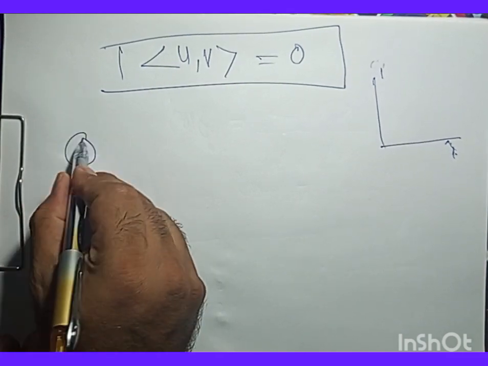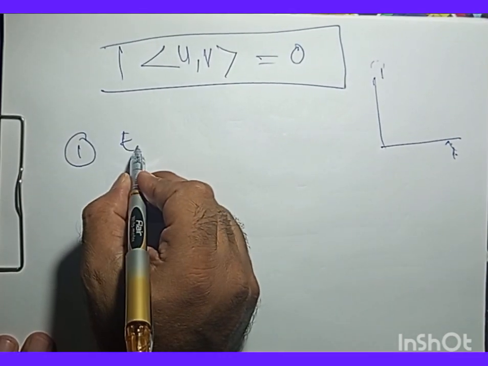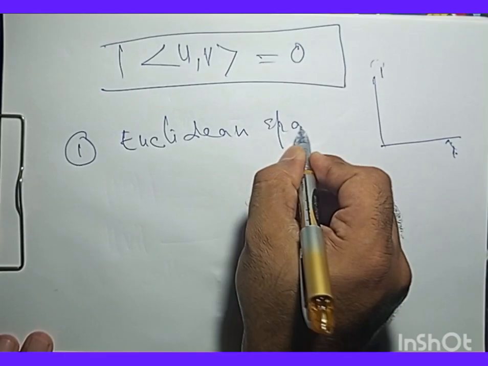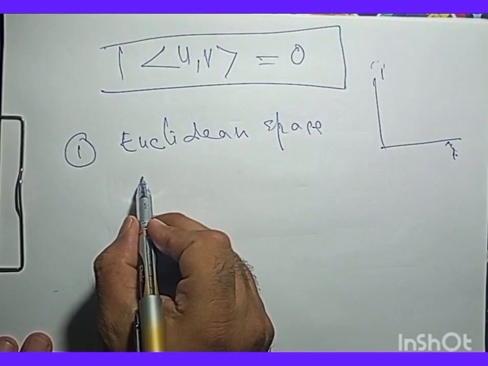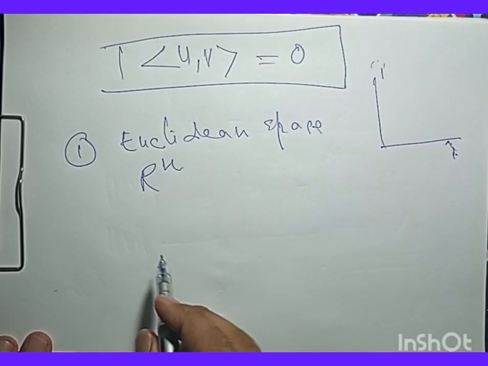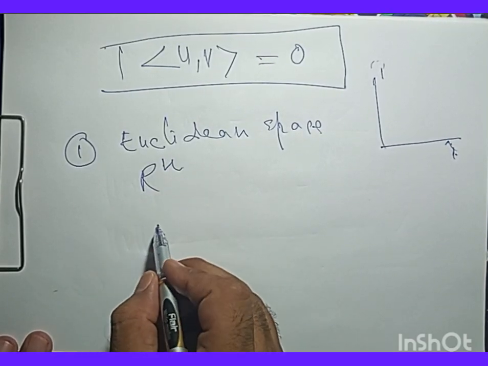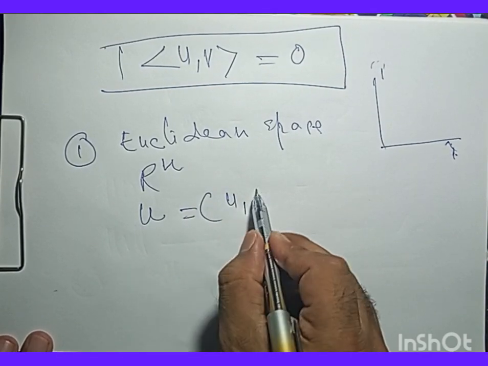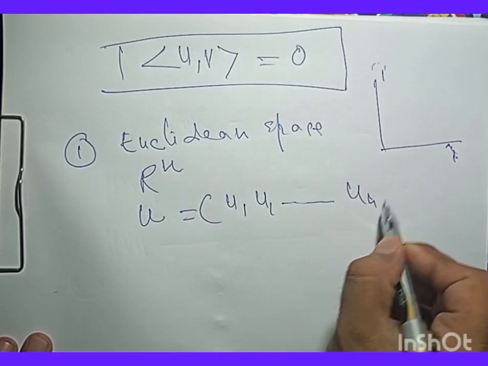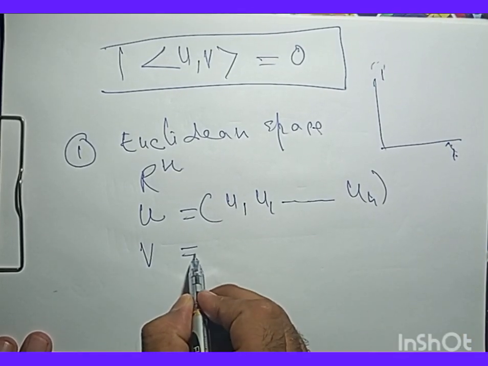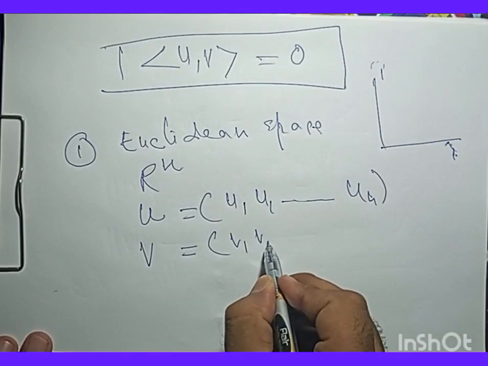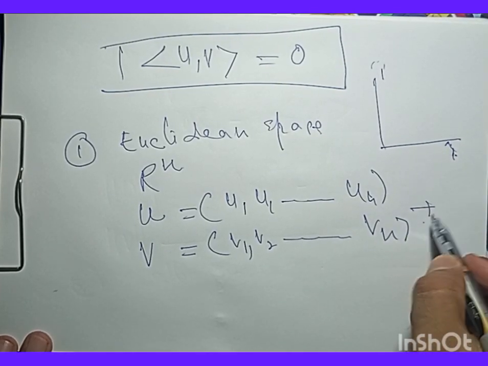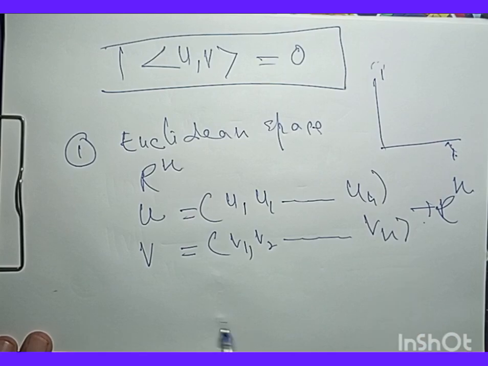Now, let's talk about some examples to get some sense. The very first I would like to talk about is the Euclidean space, R to the power of n. Suppose we have a vector u made of u1, u2, and so on up to un, and a vector v made of v1, v2, and so on up to vn in R to the power of n.